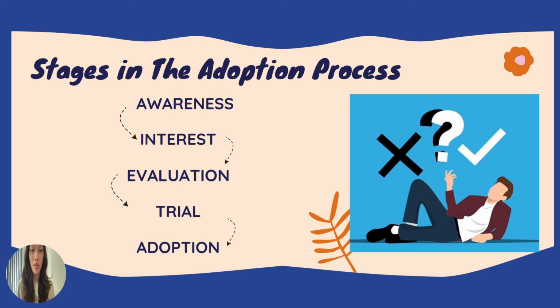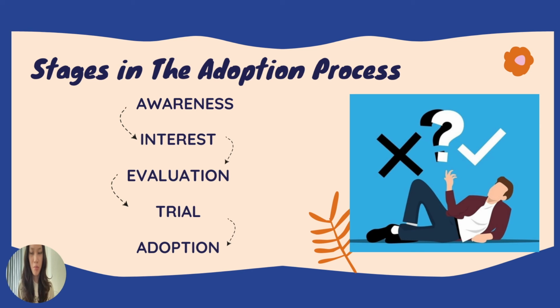So the consumer will need to go through five stages in the adoption process. Firstly, awareness. In this stage, the consumer becomes aware of the new product but lacks information about it. Secondly, interest. They will create an interest in the product, and then the consumer will seek information about the new product. The third one is evaluation.